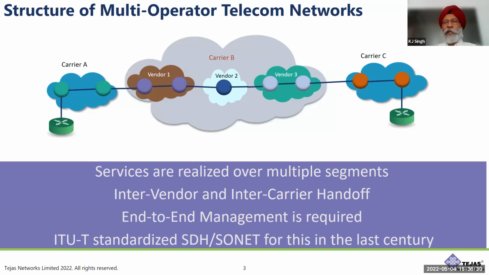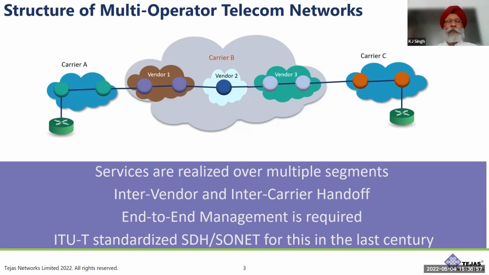So here, what we are depicting is a number of different carriers, and typically even within a carrier, they may have sub-networks which are made with another vendor's equipment. So when a carrier B has to offer a solution to two of its customers, he may not have a footprint directly connecting to those end devices.